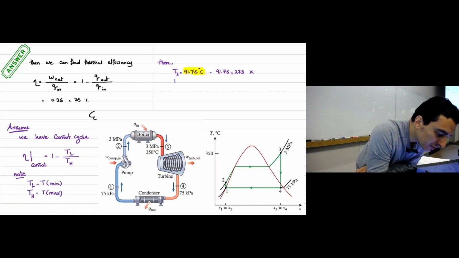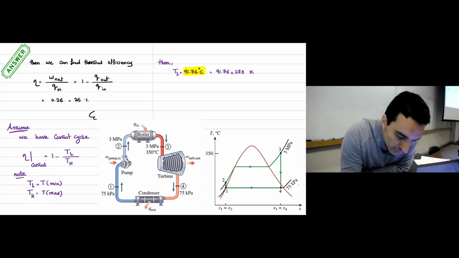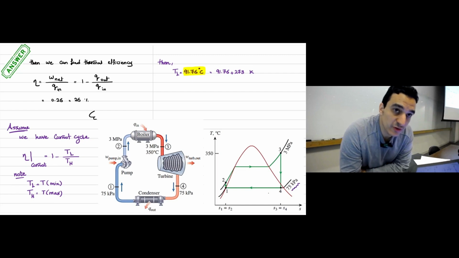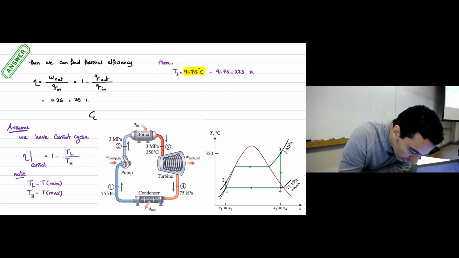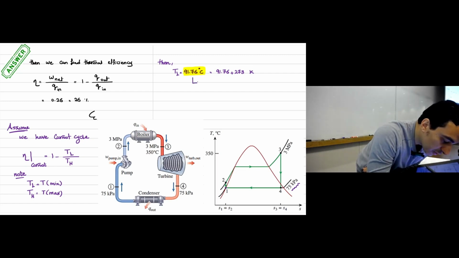This number was not given in the example itself, by the way. So how do we find this number? If you see here, we have this pressure, 75 kilopascal, and I know that point 1 is saturated. So I know that state 1 is saturated liquid at 75 kilopascal.